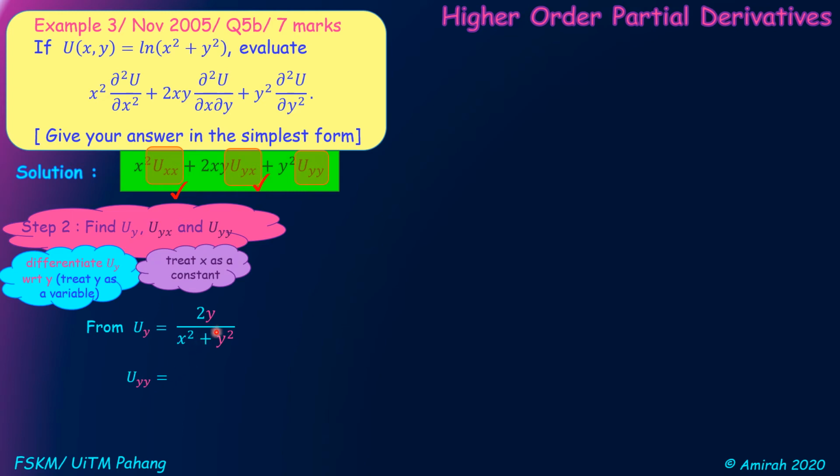To avoid error and make it easy to differentiate, we can mark variable y in a different color. From here we have variable y in the numerator and denominator, so we need to differentiate using the quotient rule. When we use the quotient rule, we use the formula (vu' minus uv') over v squared.